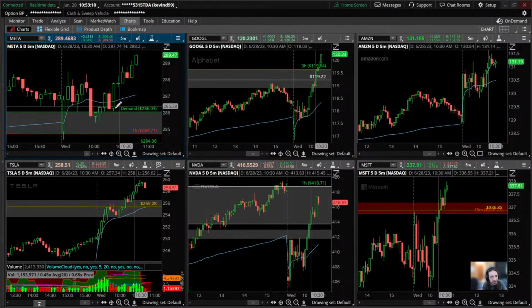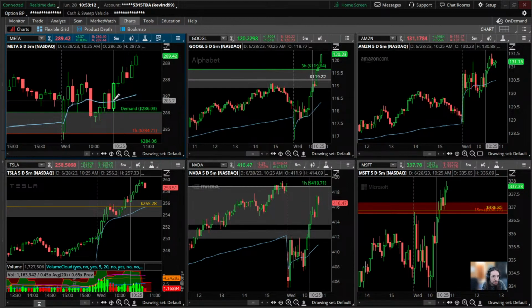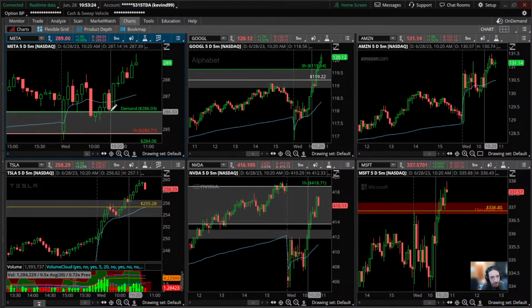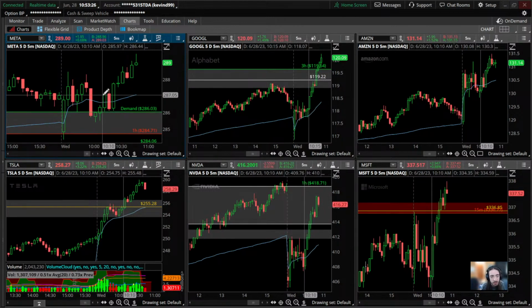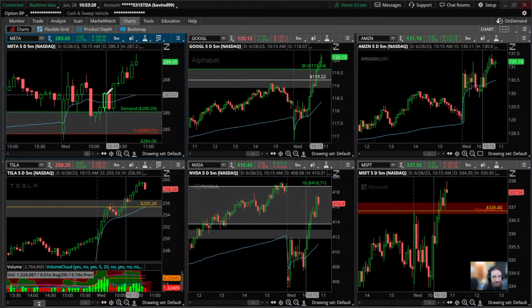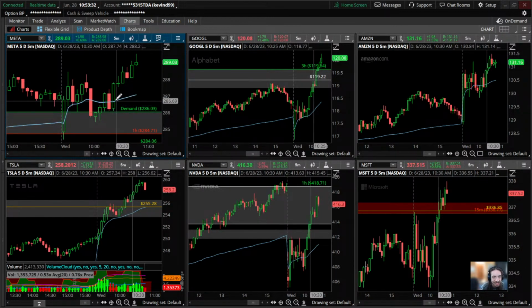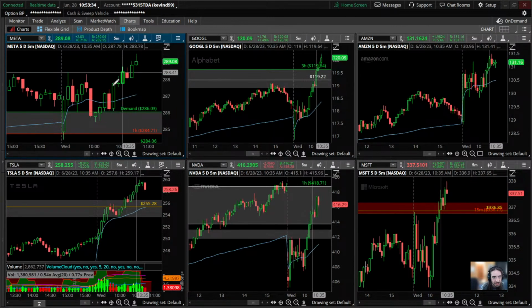Would have been a great area to enter calls, even if we wanted to wait for it to break above VWAP before entering calls. See, there's a difference between taking the break and taking the break after another confirmation. So this is a demand play, right, along with the VWAP. So if I wanted it to come out of demand, retest it, and then break VWAP, I could have taken that, right, and waited and taken that trade.